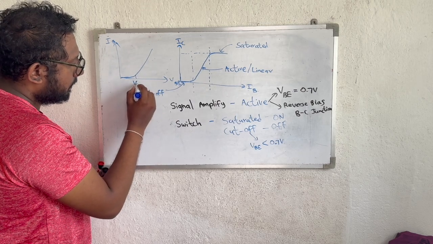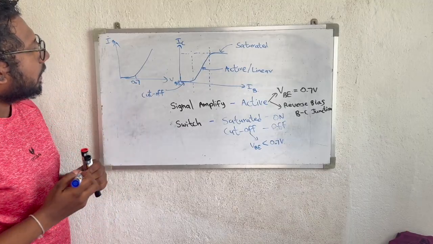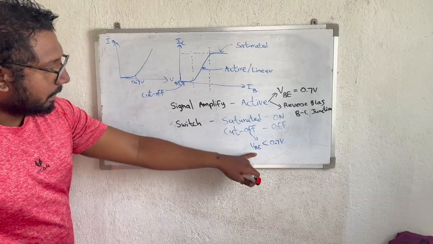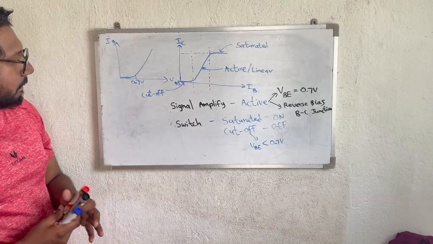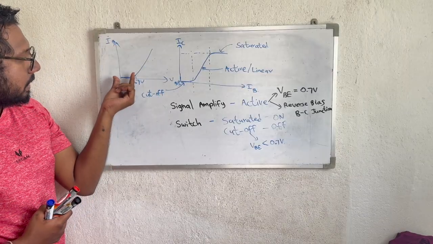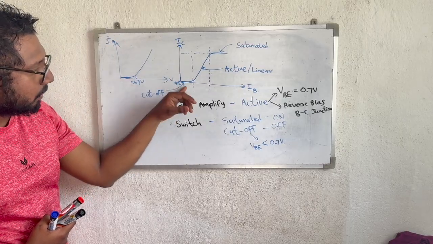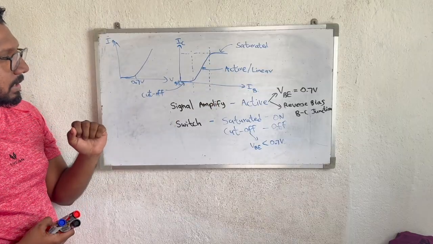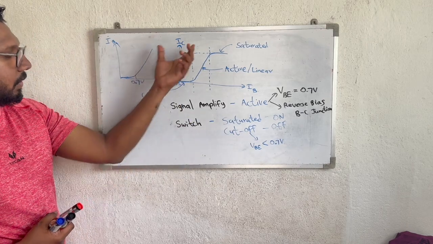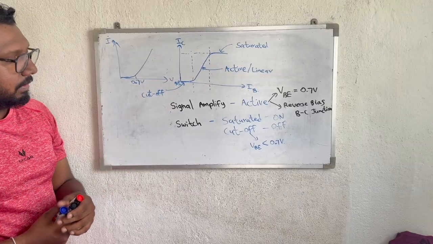This is the 0.7 for the silicon transistor. If the VB value is lower than 0.7, the base current is very small. Very little base current means the collector current is also very low, according to the transfer characteristic. So when VB is lower than 0.7, this transistor automatically turns into the cutoff region.